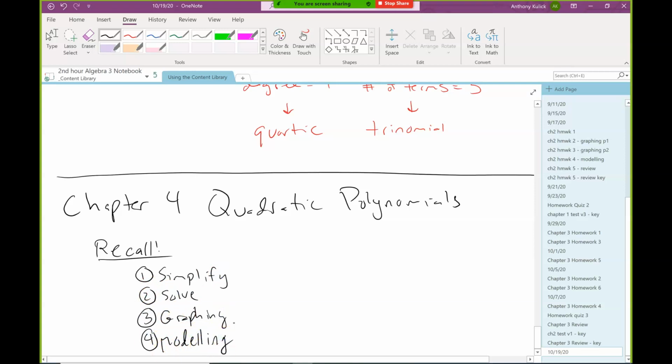And I don't know that we'll go necessarily in this specific order, but these are the 4 major skills that we're going to be worried about acquiring in this chapter.